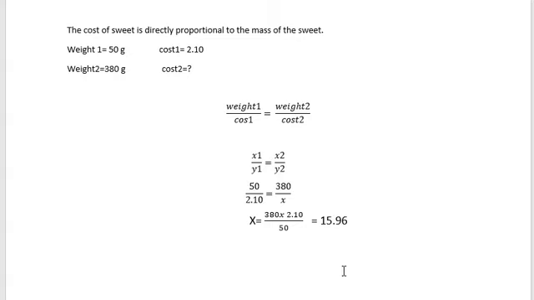But in the question it was mentioned that your answer should be correct to the nearest 5 cents. What does it mean? If the cent digit you get is 3 or 4, then you round up to 5 cents.